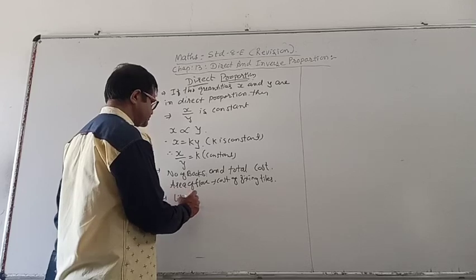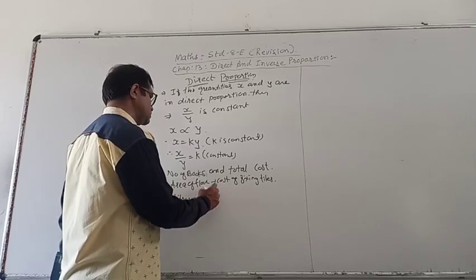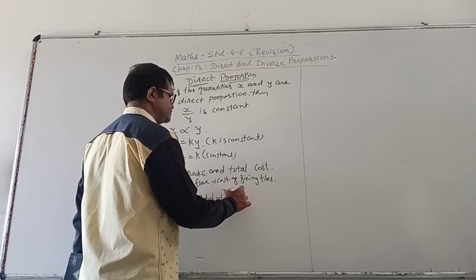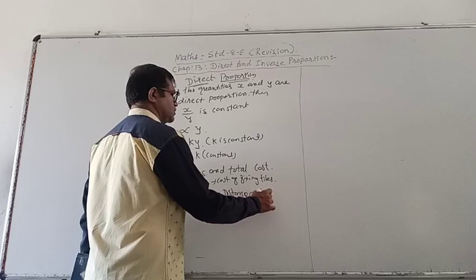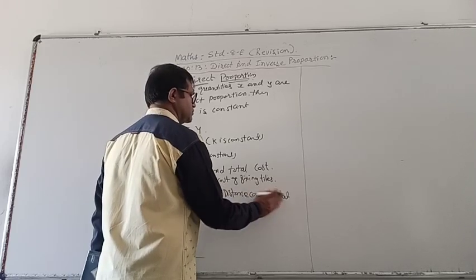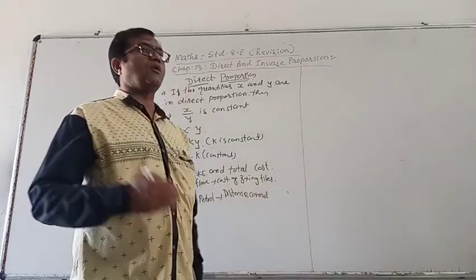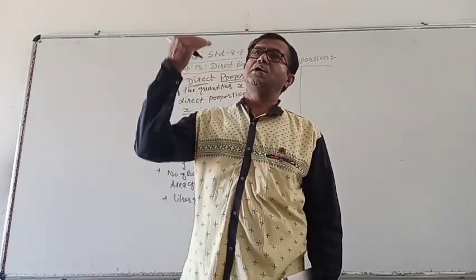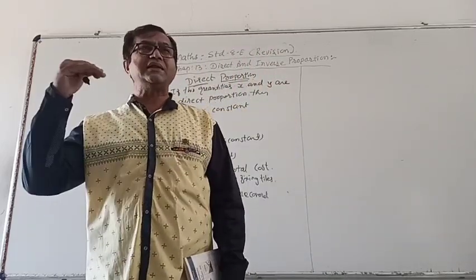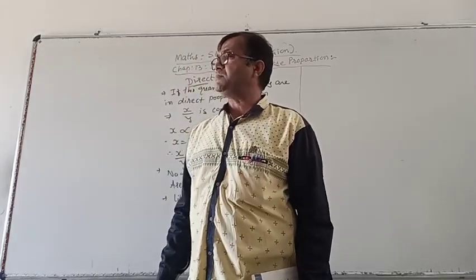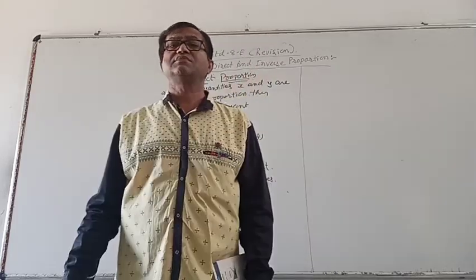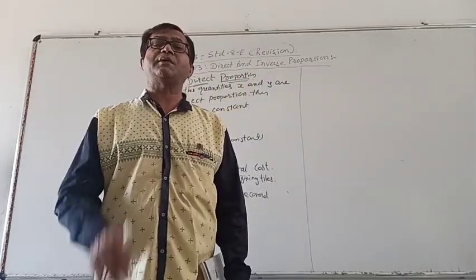Liters of petrol and distance covered with that petrol. If you have more liters of petrol, you can cover more distance. If you have less petrol, you can cover less distance. So all these are examples in which we can say that they have direct proportion.